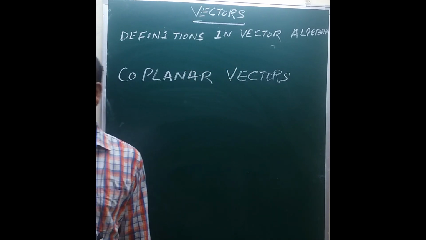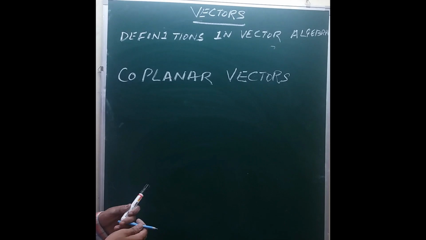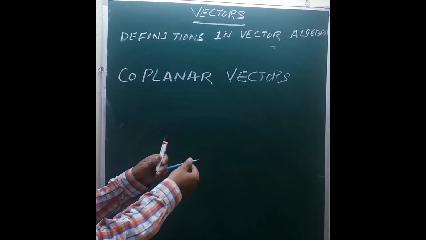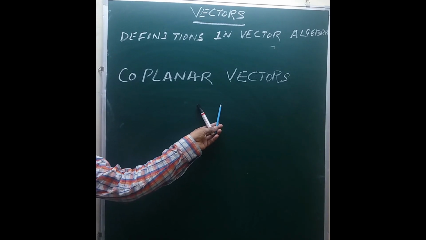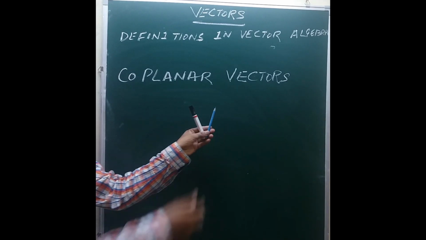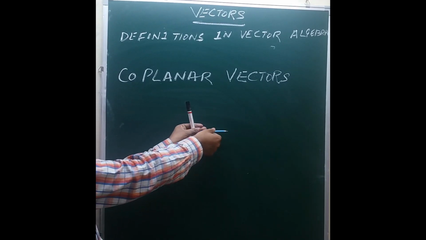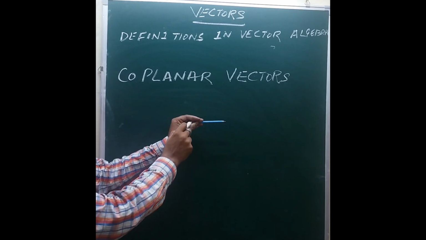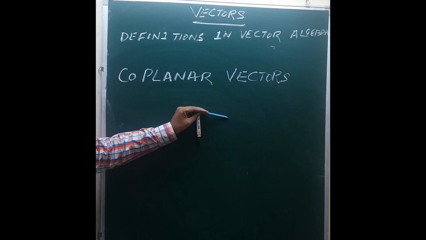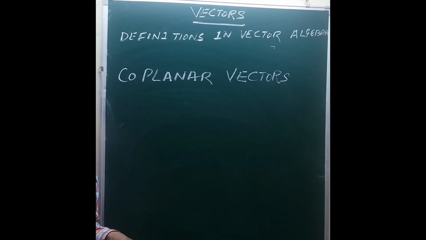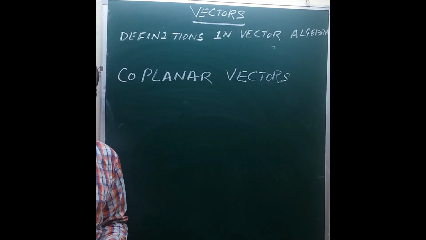Now, this is vector A and this is vector B. These both vectors lie on the same plane. This is vector A, vector B. However you place them, they will always lie on the same plane. It means that two vectors will always be coplanar vectors.